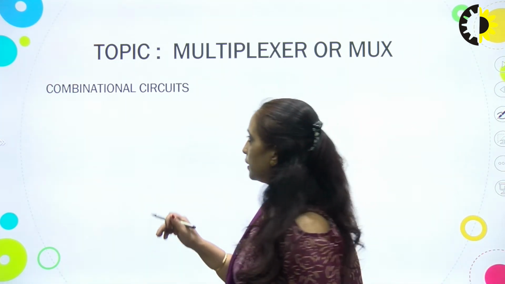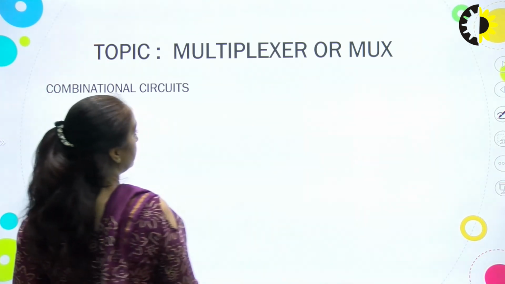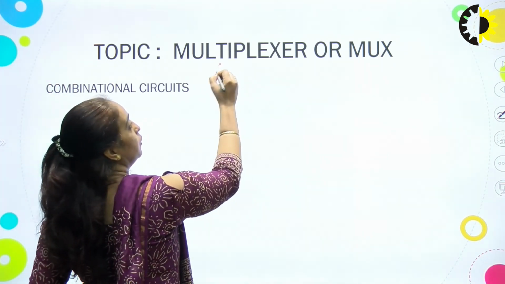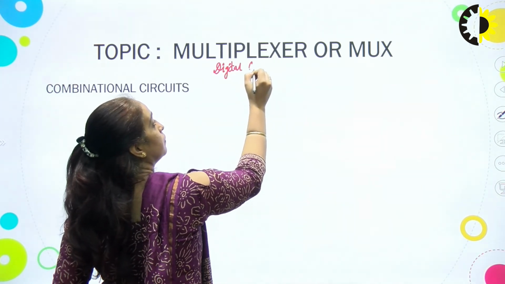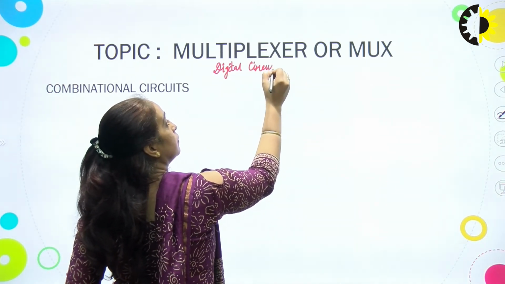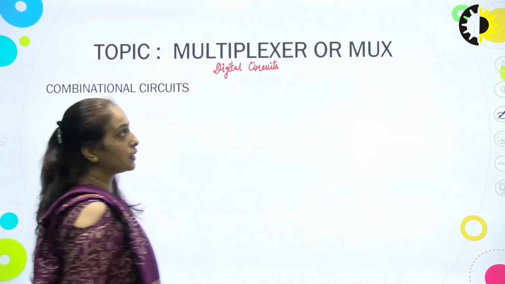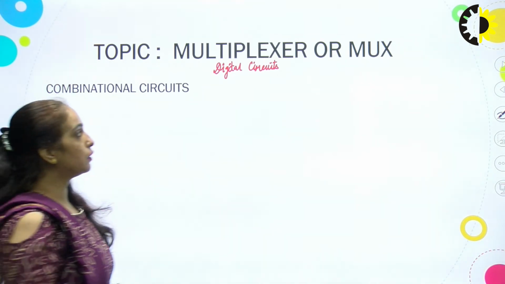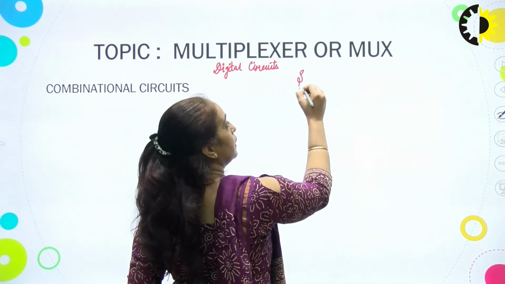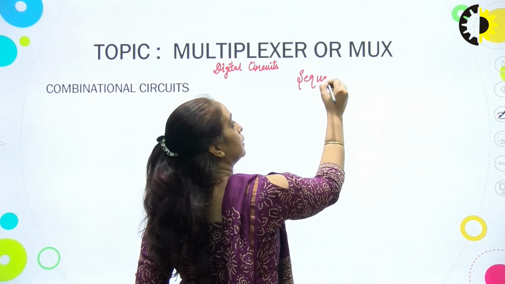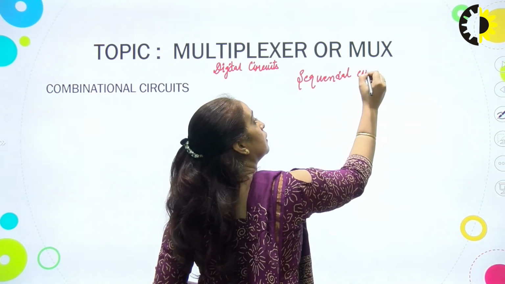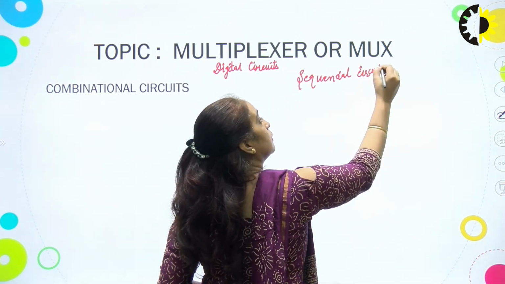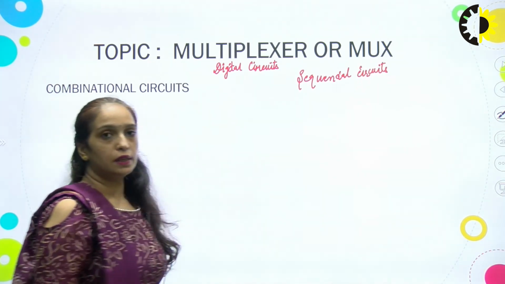So digital circuits can be classified into two parts. First one is the combinational circuit and the second one is the sequential circuit.